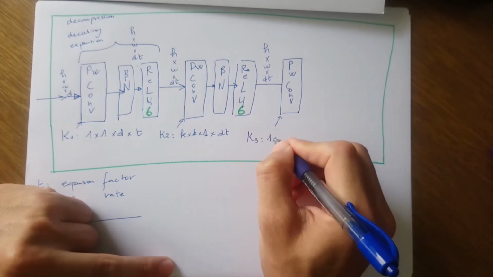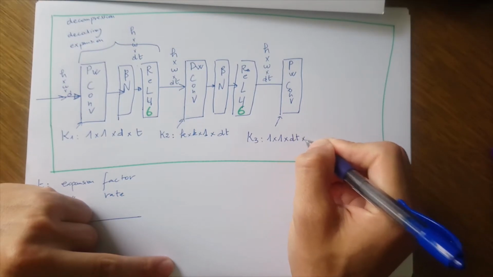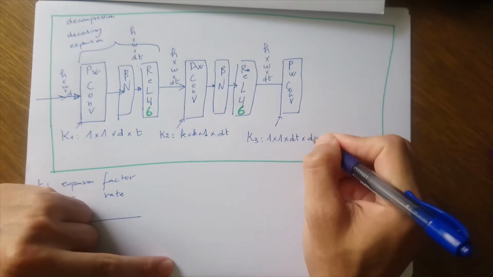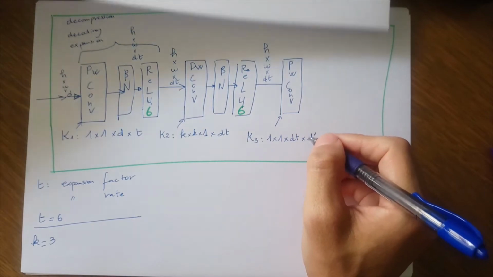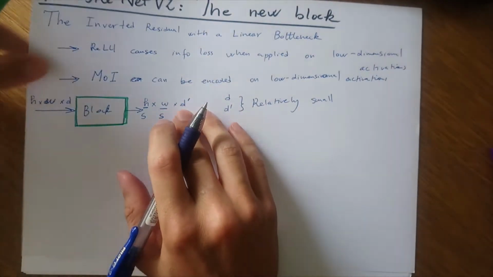So it's 1 by 1 by d t, and the number of kernels should be d prime. So the number of kernels in pointwise convolution controls the dimensionality of the output, or the number of channels in the output.